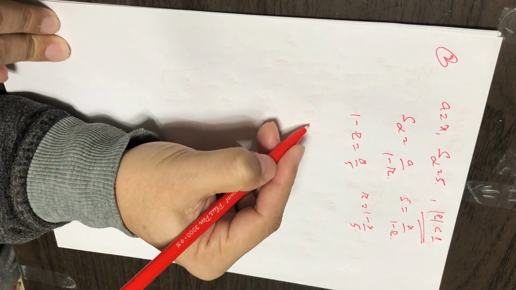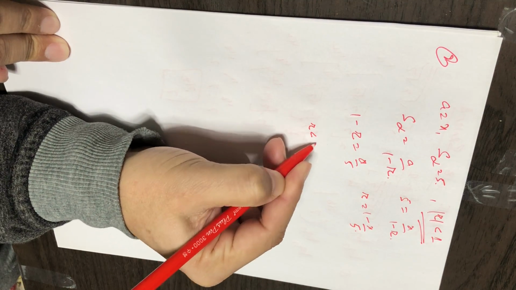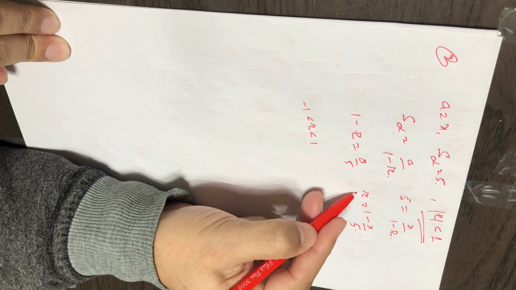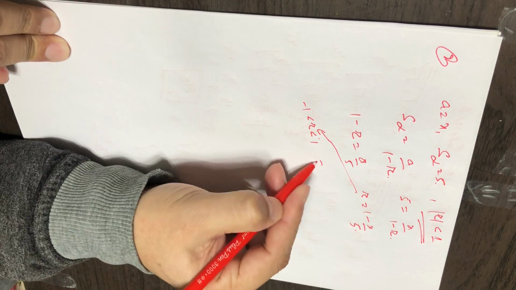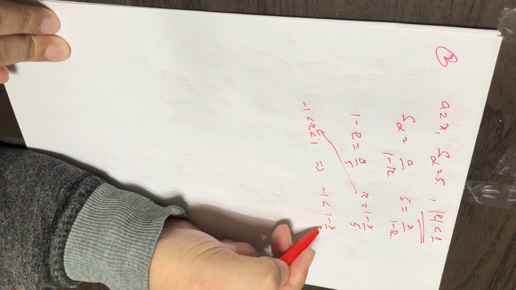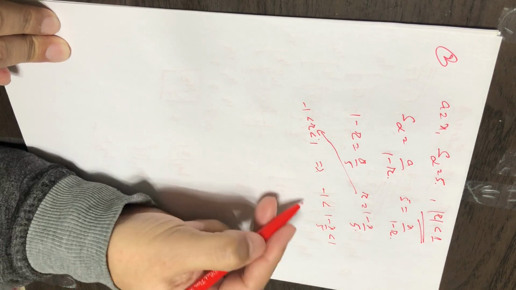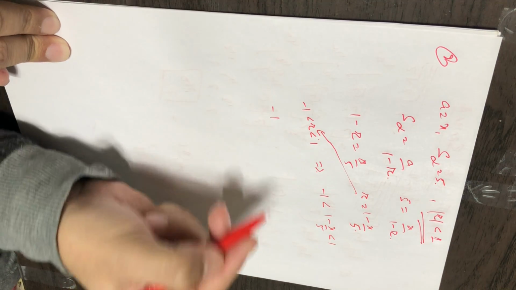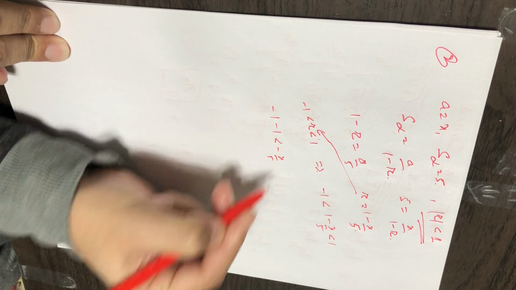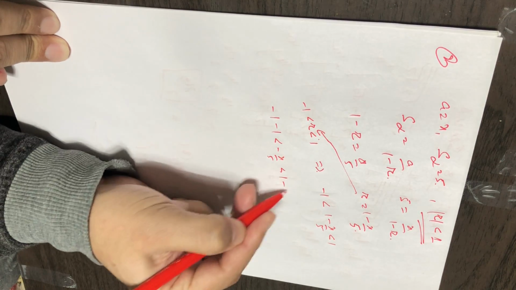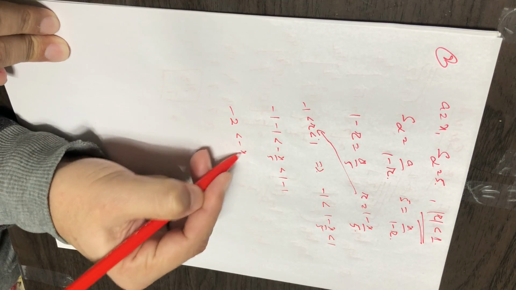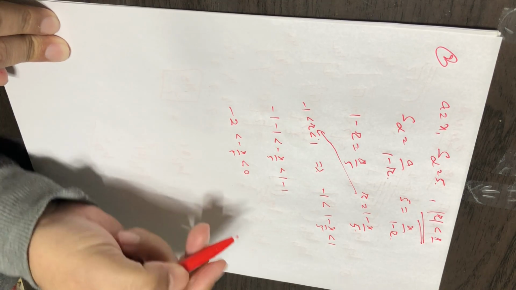From the modulus property, you can say that r will be less than 1 but greater than minus 1. So putting this value of r here, we get minus 1 less than 1 minus x by 5 less than 1. If you solve, this will be minus 2 less than minus x upon 5 less than 0.